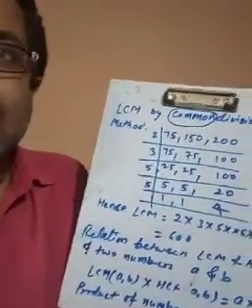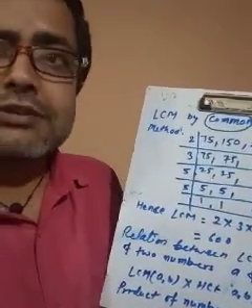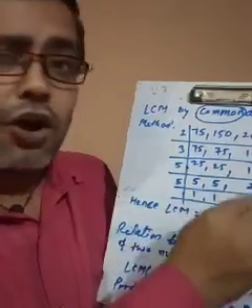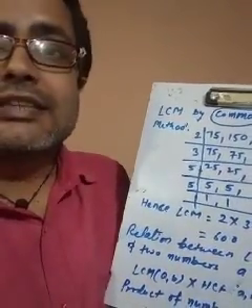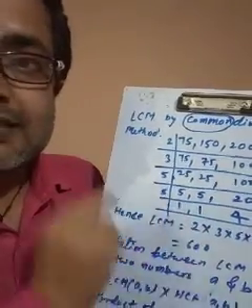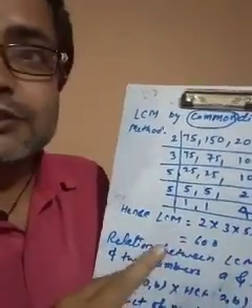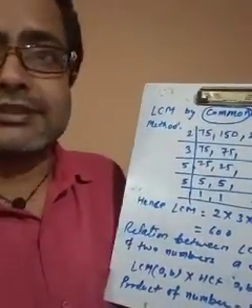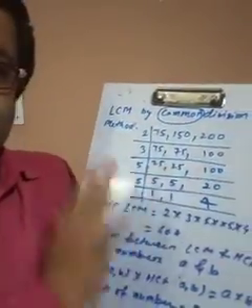Now further, I can go for 2. Some teachers will tell you that you can divide further until you get all 1. But this is not required. If you are getting only one number, or one or more composite numbers that do not have any common factor, we will not go for further division. So we will go till here.